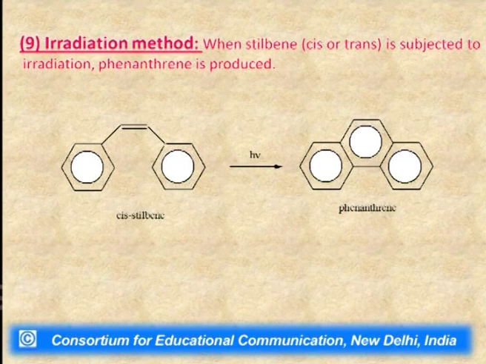This phenanthrene can also be prepared by the irradiation method, by UV radiation or microwave irradiation, and in this case we can take stilbene, either cis or trans. We can take this cis or trans-stilbene, which on irradiation with microwave radiation cyclizes to give us the phenanthrene hydrocarbon.